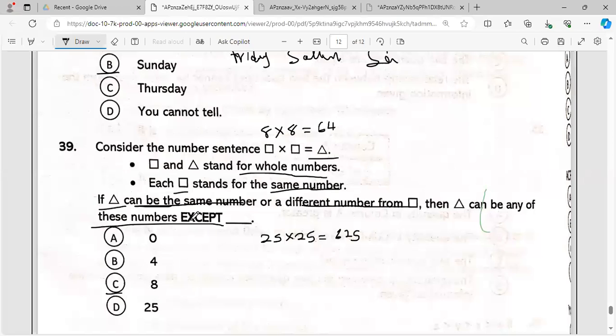But it says that triangle can be the same number or a different number from the box.